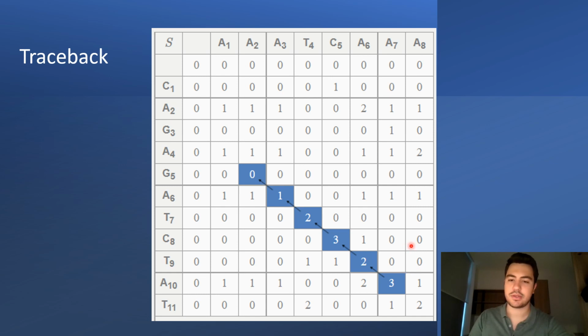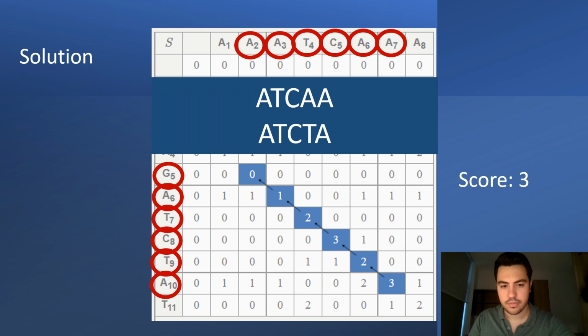And now let's go write down the sequences. After the traceback, we write down the sequences by checking each row and column and taking these characters.